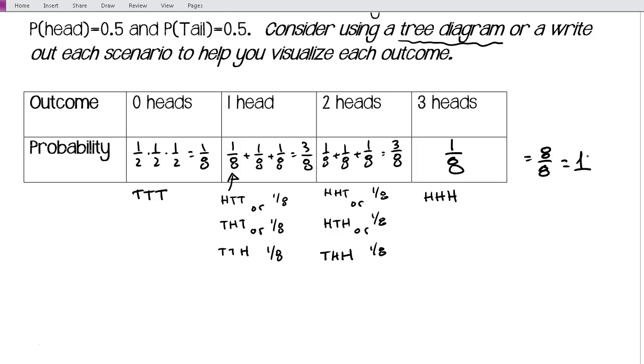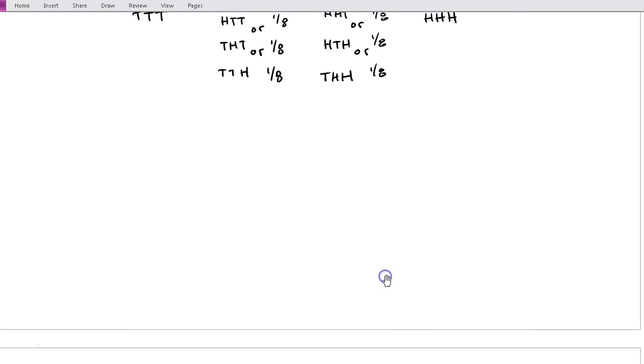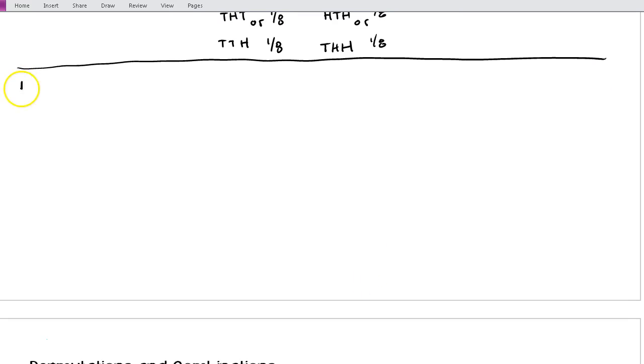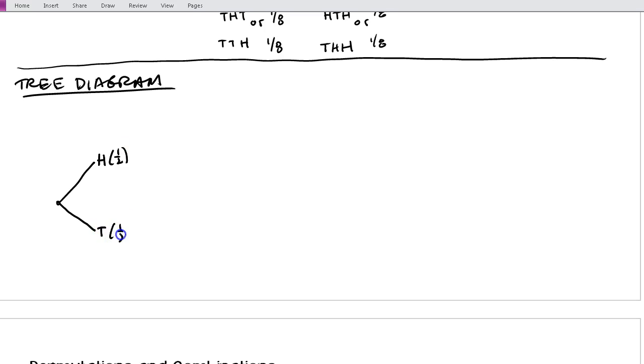Alright, now sometimes it might be useful to make a tree diagram, and it'll make it a little bit easier to see the outcomes here. So, tree diagram. We're going to start with our first toss, which can either be heads or tails, and the probability of each of these occurring would be 1/2.